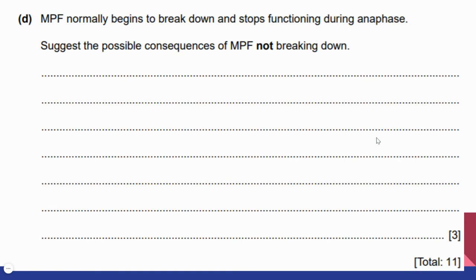So they start disintegrating. Now the question is, suggest the possible consequence of MPF not breaking down. Suppose a cell has MPF, prophase has started, anaphase has also been reached, but the MPF is still there, it has not broken down. What will the consequences be of this condition?